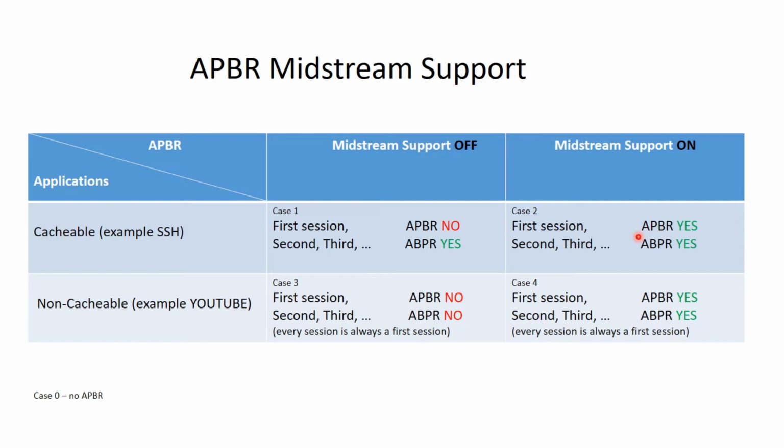And in this case, we are going to see that even for the first session, APBR will be able to kick in with midstream support on. So it doesn't matter anymore whether it's the first or second or any other session, APBR will be able to switch traffic to the correct link according to our SLA policy because of the midstream support that is now on.